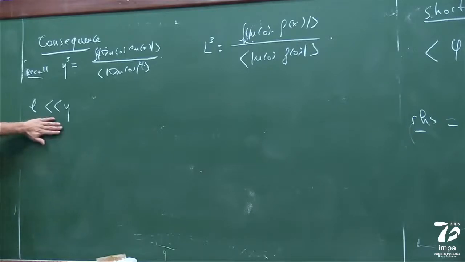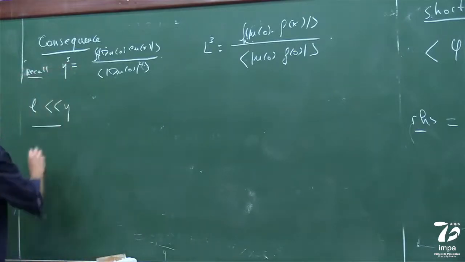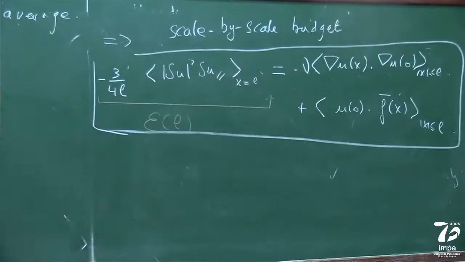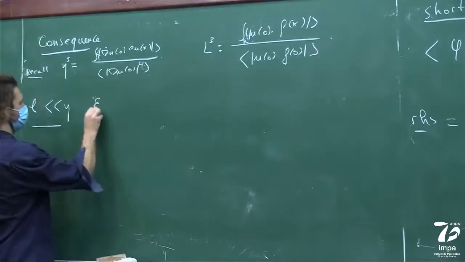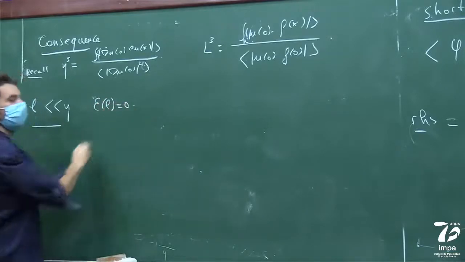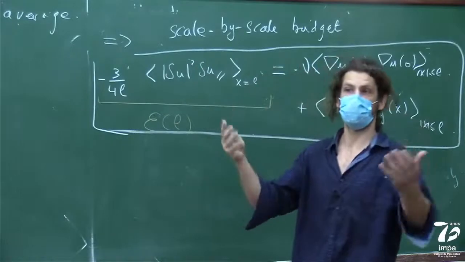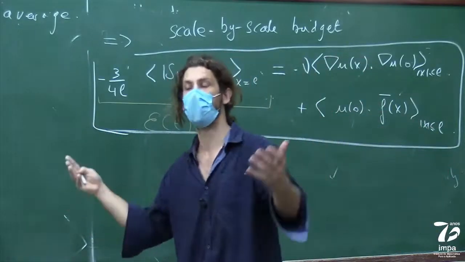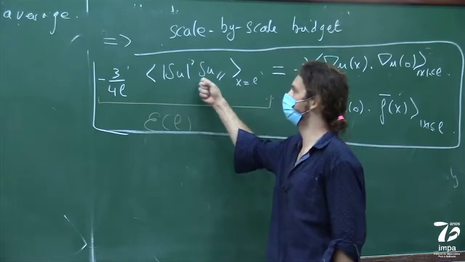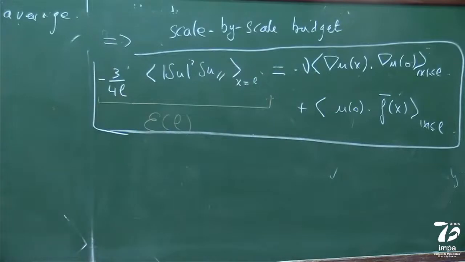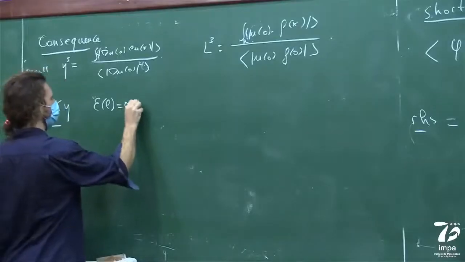So if L is very small compared to eta, then this epsilon L is 0. Why? Because remember we are in a situation where we are smooth. So L goes to 0. So this will scale as L cube divided by L. So epsilon L will be 0. So it's of order of L2, if you want.